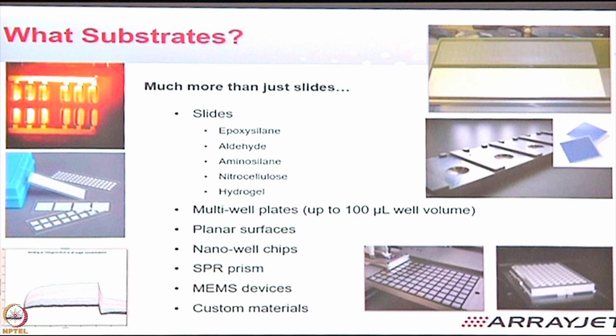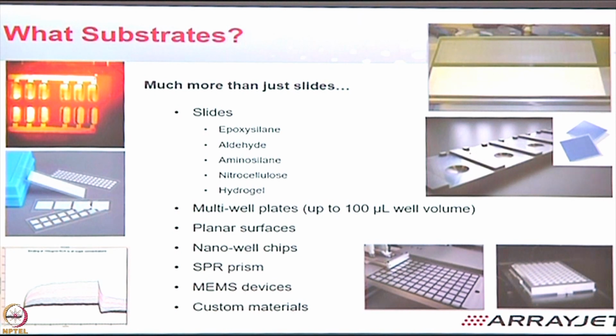But I don't know how many of you have had any experience with SPR imaging, SPRI technology, but this is something that again is used for drug targeting. And we are able to print onto the SPR prisms as well.